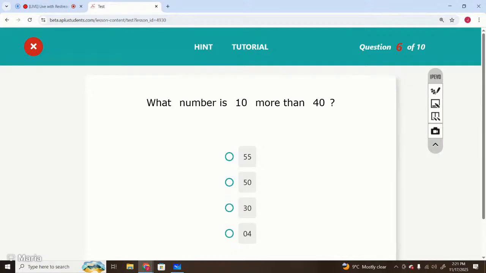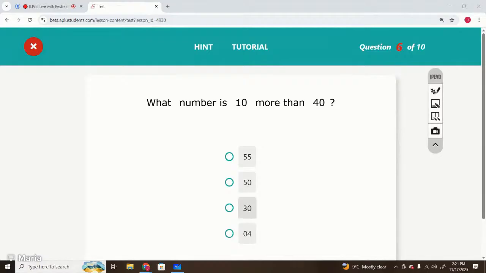Which number is 10 less than 40? So which is the correct option? Ten less than 40. So subtract 1 from the tens digit. So 4 minus 1 is 3. So 40 minus 10 is 30.